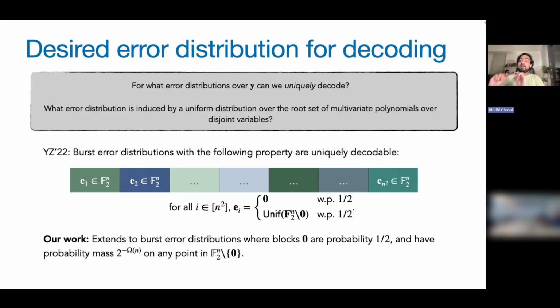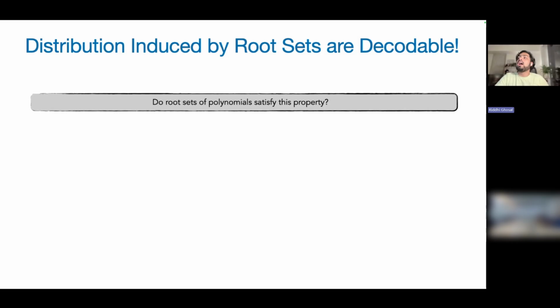So this is the error distribution that we show you can use to decode from. This was the first result: you can generalize the Yamakawa-Zhandry approach to a wider class of error distributions. The next question was, does the root set of the polynomial actually satisfy this property? Because that is important. If it does not, then there is no point.